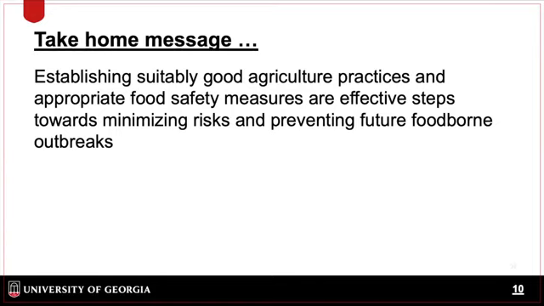So the key is to prevent. You have to take measures to prevent this from happening in the future. So do follow good agricultural practices and food safety measures so you can prevent this from happening in the future.